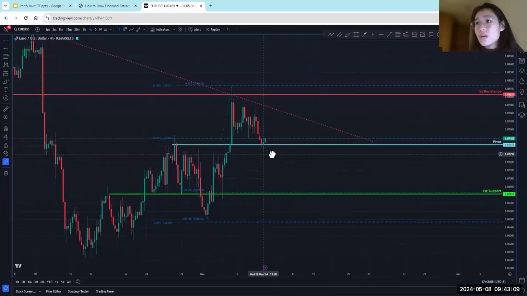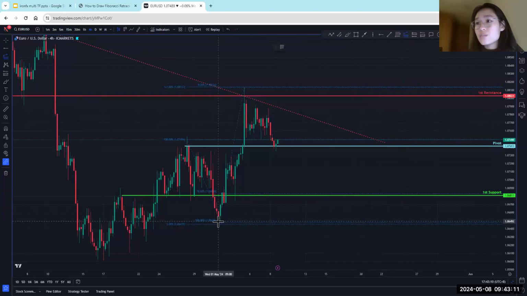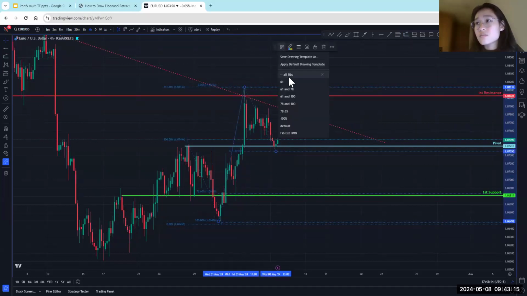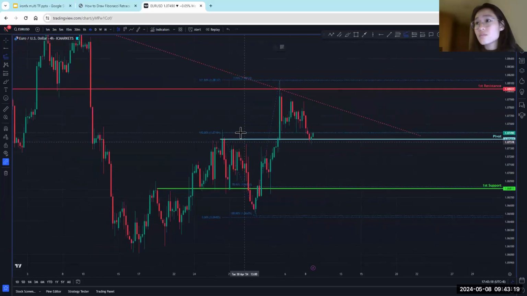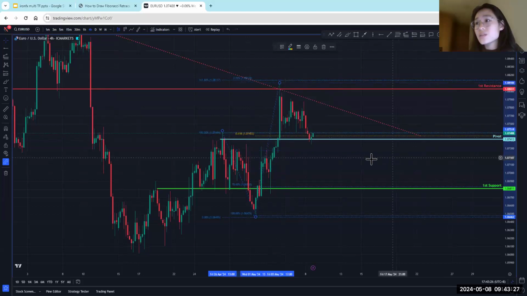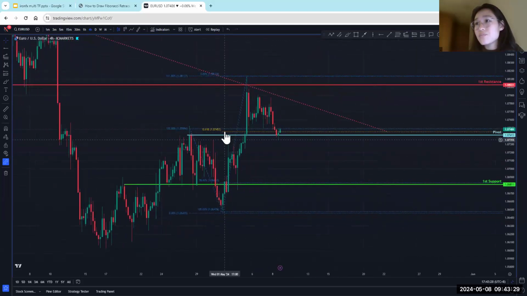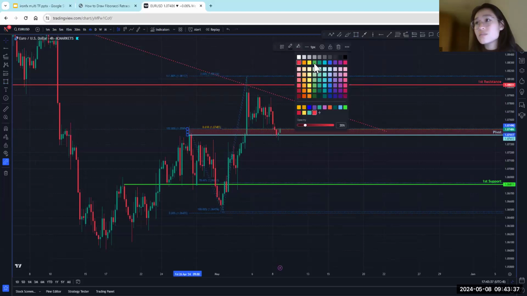Now I'm gonna go in with another projection. My 61.8 lines up nicely with my pivot. So you can already see that we have this confluence area here.